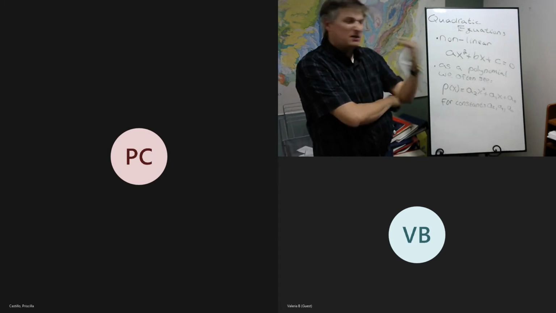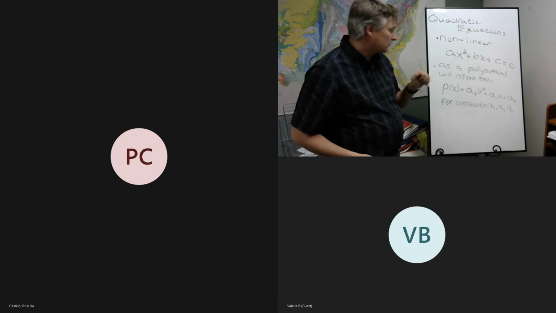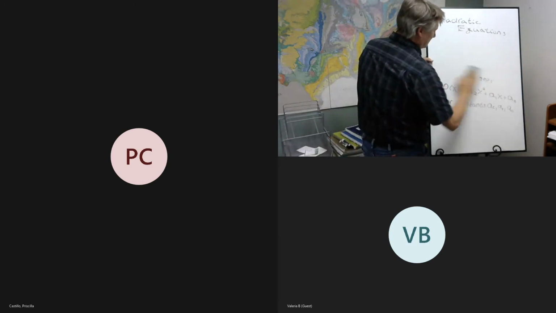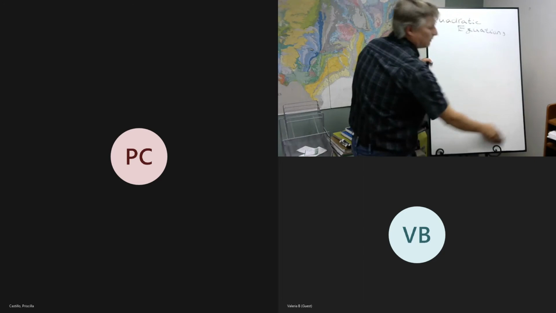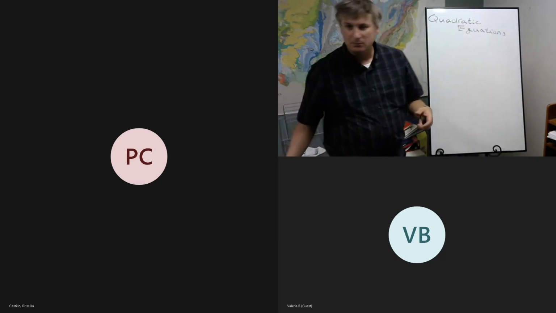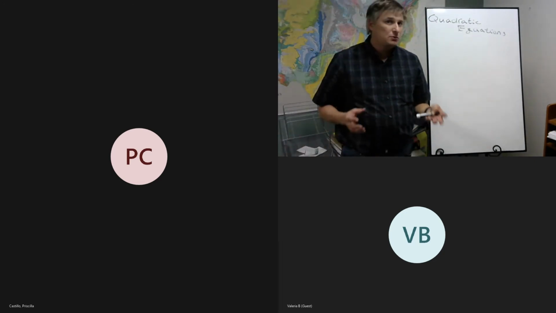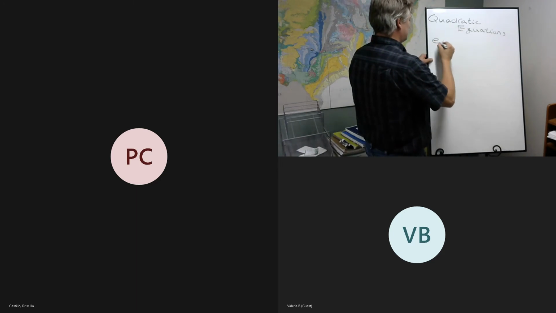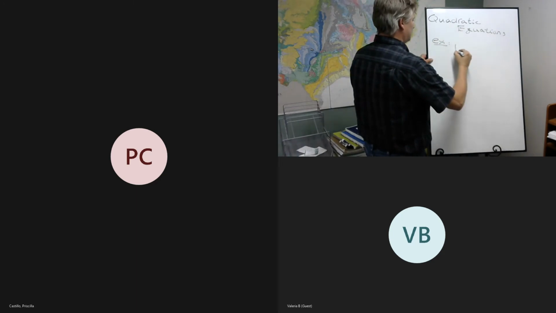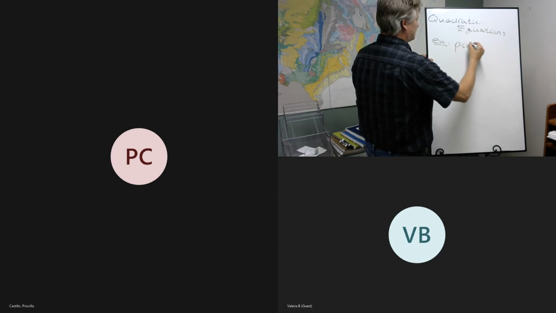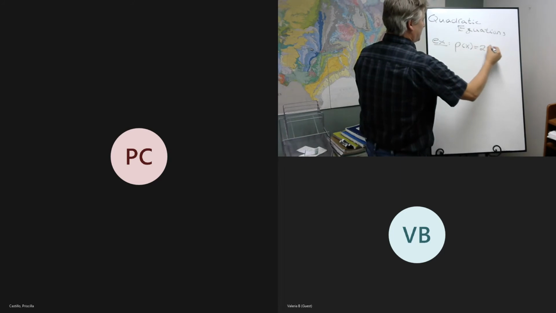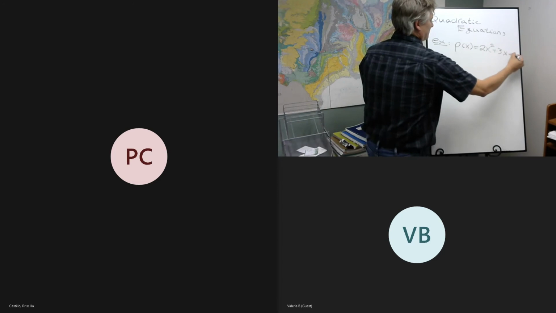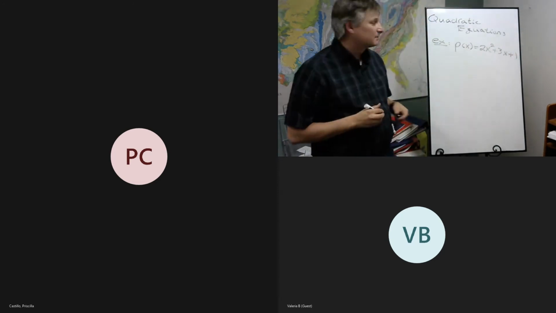And let me give you an example a little more with the quadratic. What we're doing is taking things we've seen before and putting them into this new language. So for example, P of x is 2x squared plus 3x plus 1.